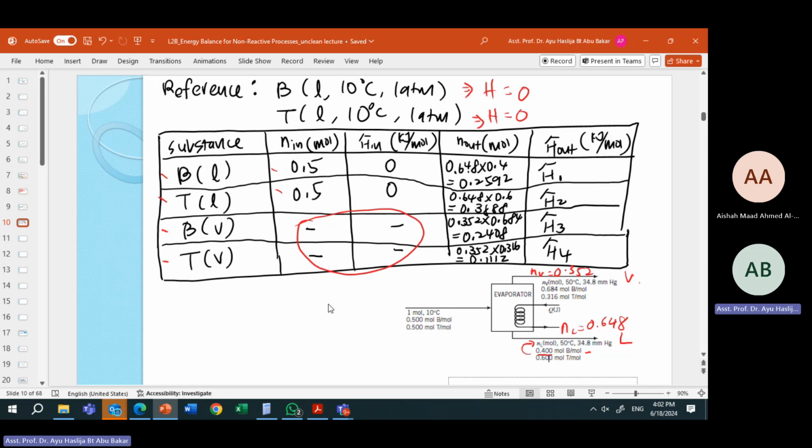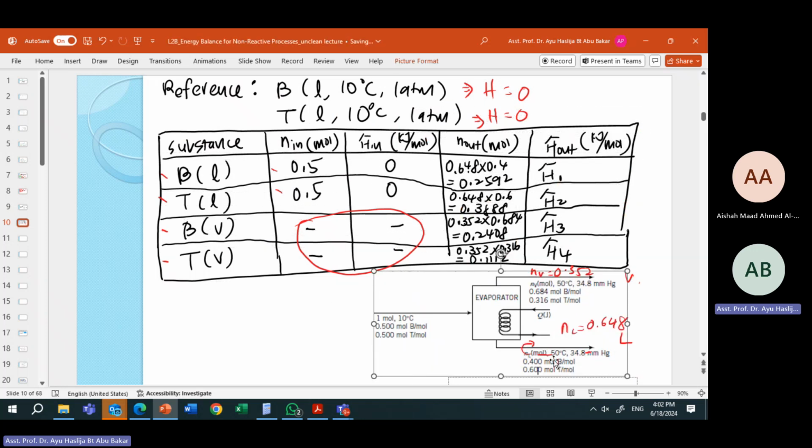Okay, try to work it out. Remember, it involves phase change and change of temperature. Pressure is ignored. Same approach as the previous example.